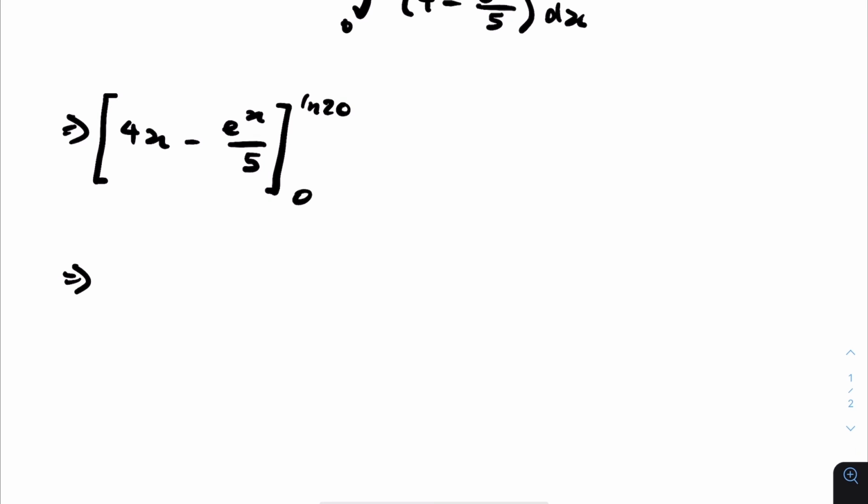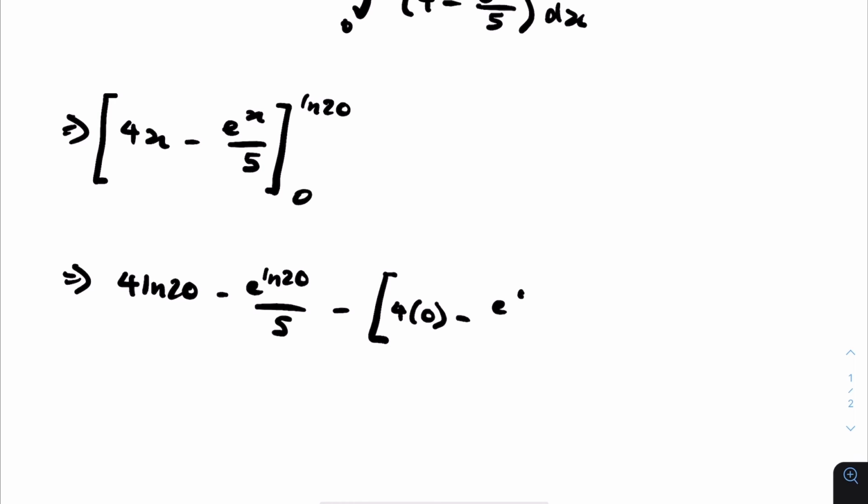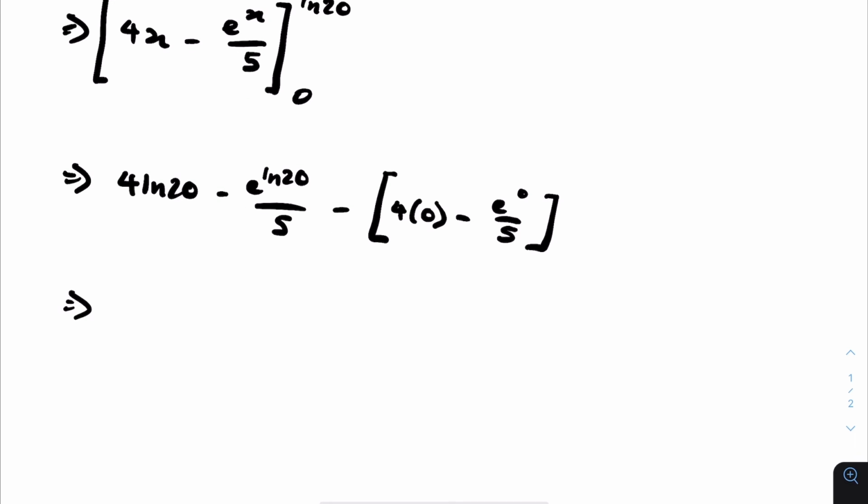So when we evaluate this, we get 4 ln 20 minus e^(ln 20)/5, minus, and then if we put our lower bound in, we get 4 times 0 minus e^0/5. Then e^(ln 20) is just 20, so we get 4 ln 20 minus 20 over 5, minus, and then minus 0, but plus 1 over 5.